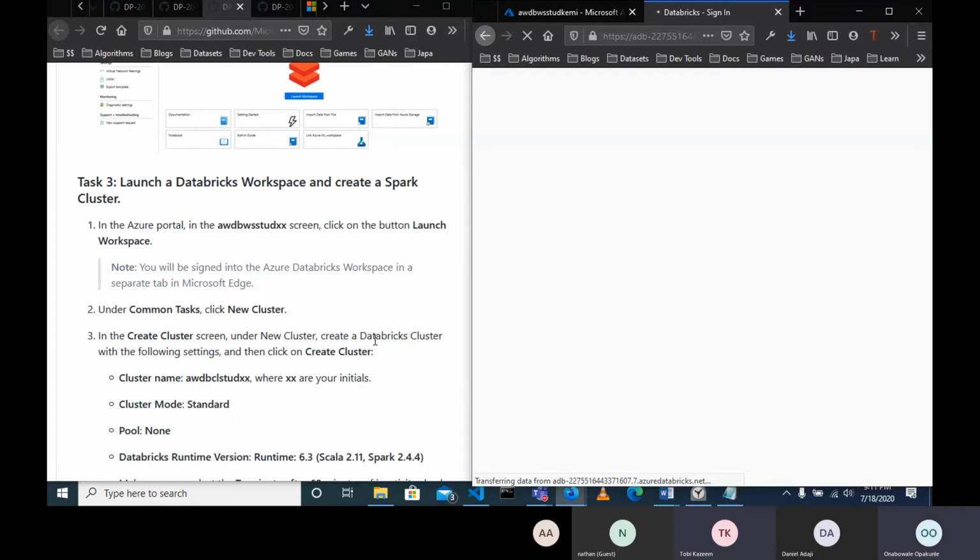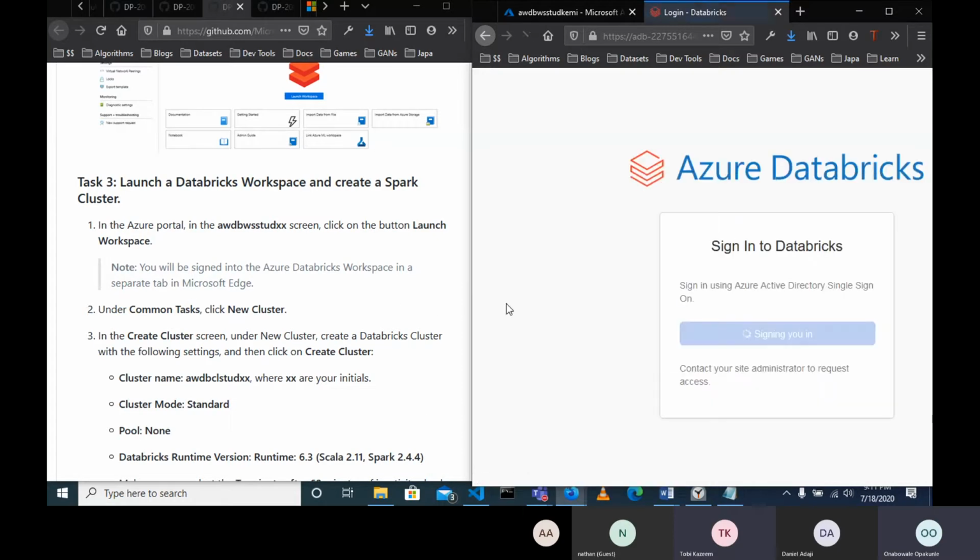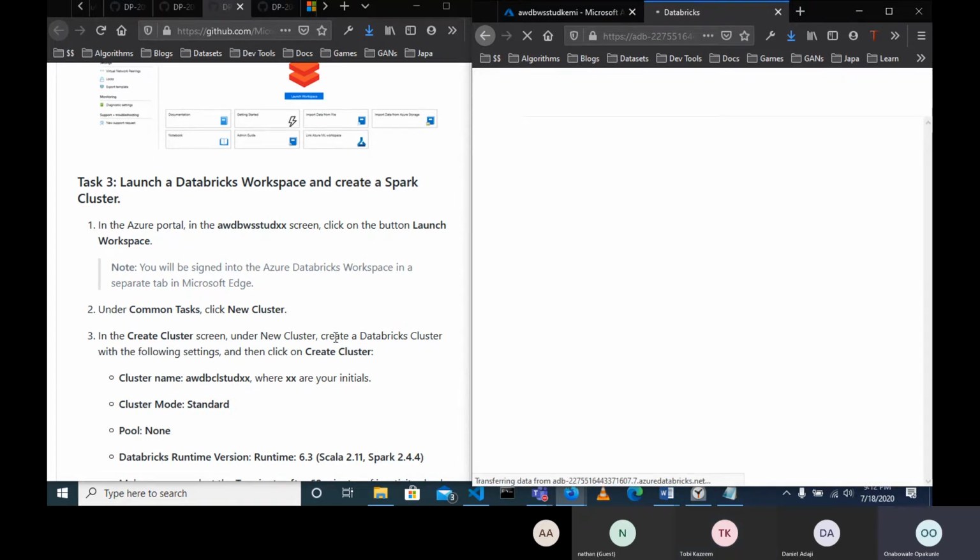Sorry, it seems my network is a bit slow. So, Toby, you understand what clusters are? Yes. All right. So just signing in. We're going to be creating a new cluster now.